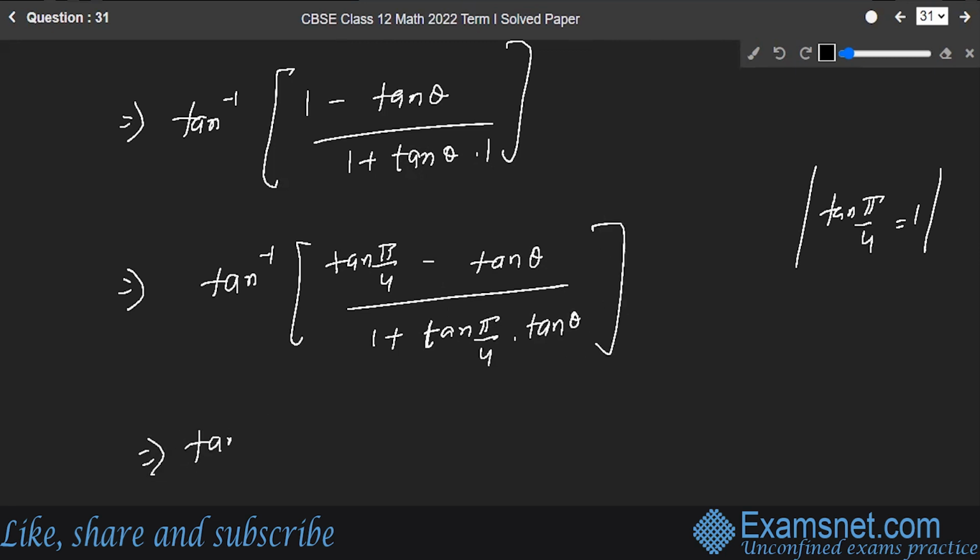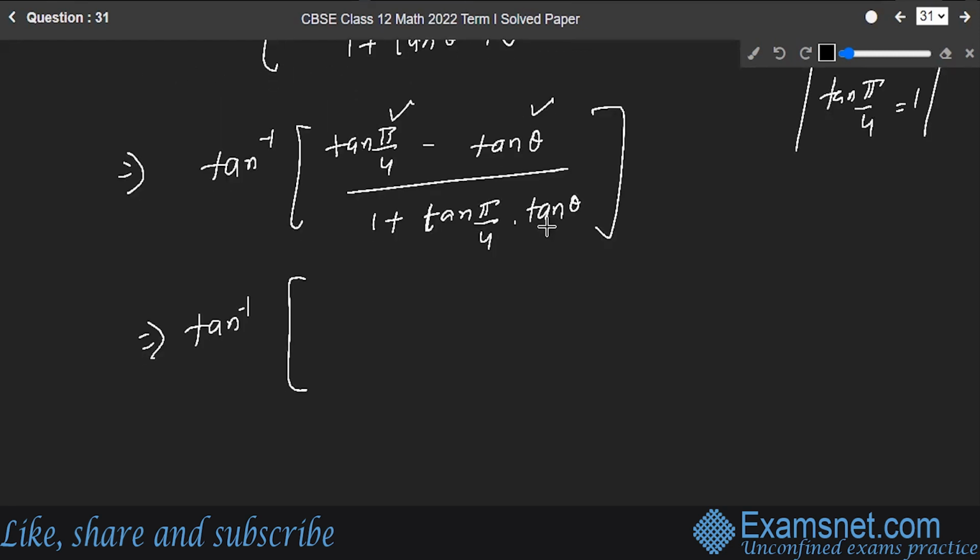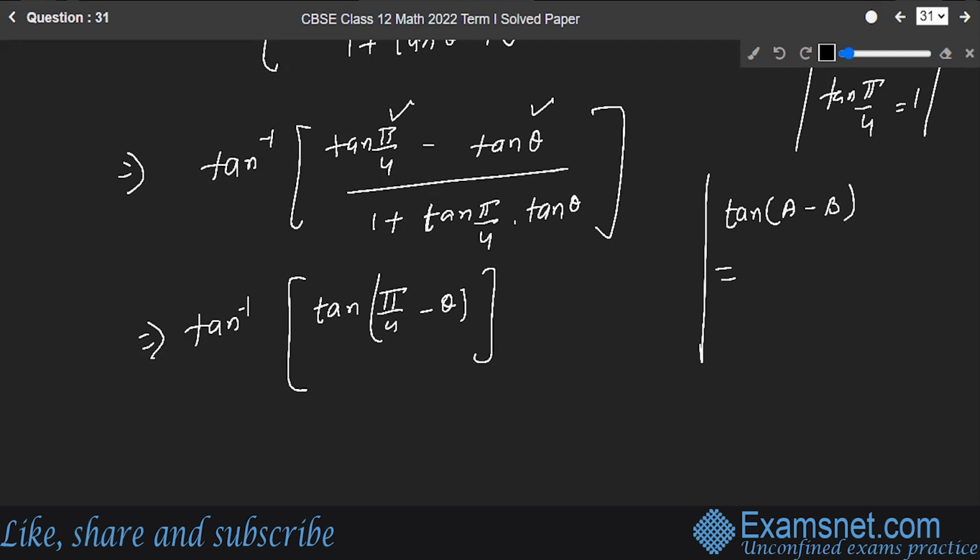This is the formula for tan (A minus B). Tangent of A minus B is equal to tangent A minus tangent B divided by 1 plus tan A tan B.